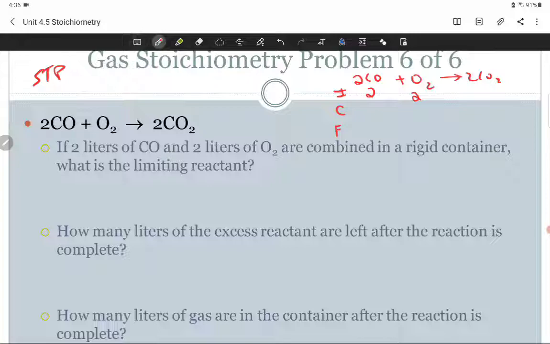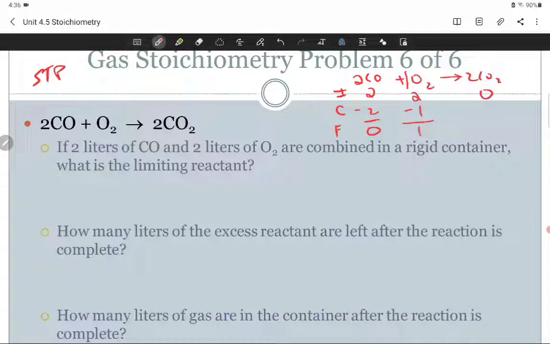But if you have gases that have liters, if you have other chemicals in moles, or if you have particles, that could be atoms or molecules, they are all equivalent and they can be used in an ICF table. So let's do that. It's a 2-to-1 ratio. So this would be a 1 there. Let me change that 1 there.